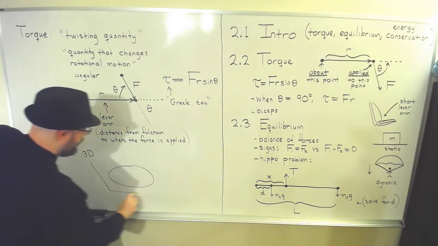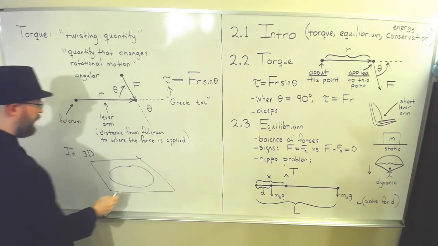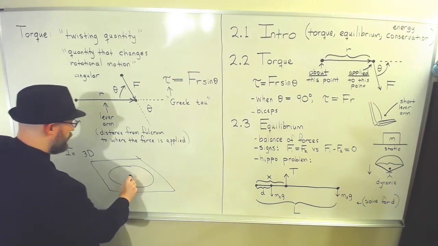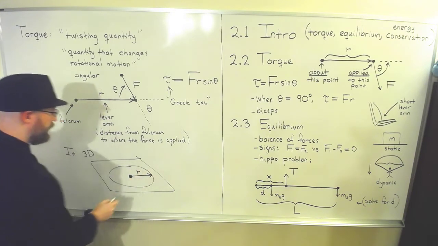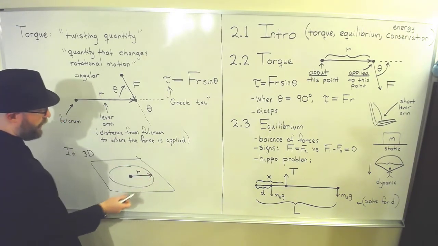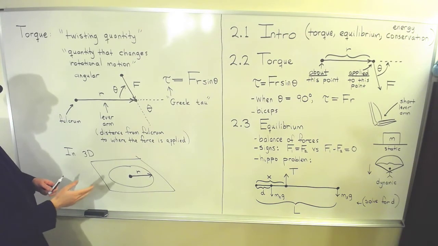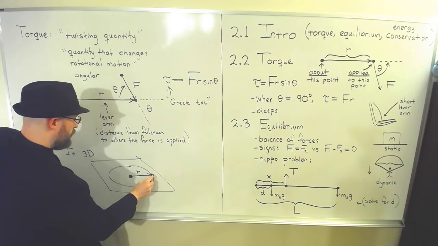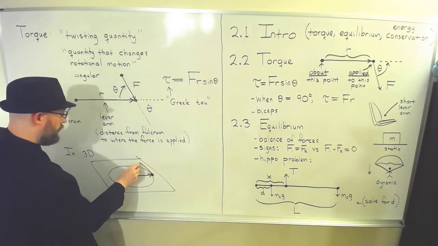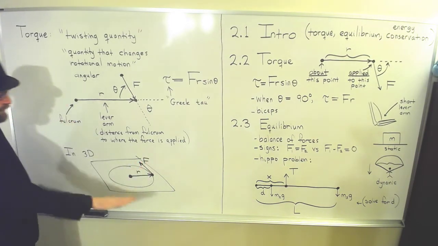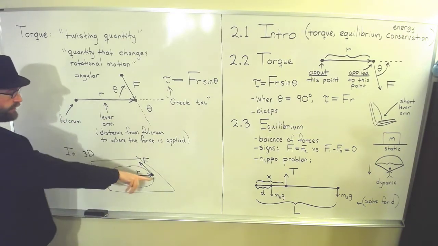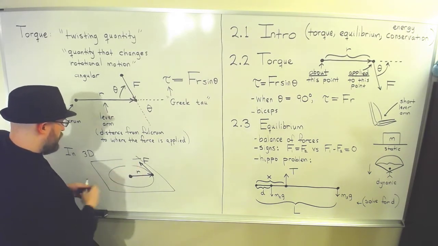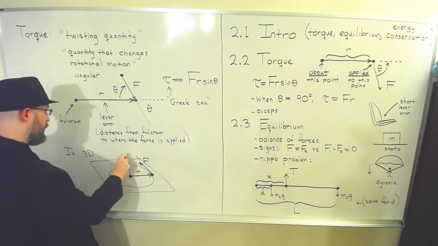So this is like a flat plane, and it has a circle in it, and I'm going to have a fulcrum here, and I'm going to have a radius vector here, and then I'm going to apply the force going along this circle here. So you should think of this as a flat plane, and there's a circle here, and there's a radius vector that goes like that. In this context, the torque would be a vector that goes up out of the plane.